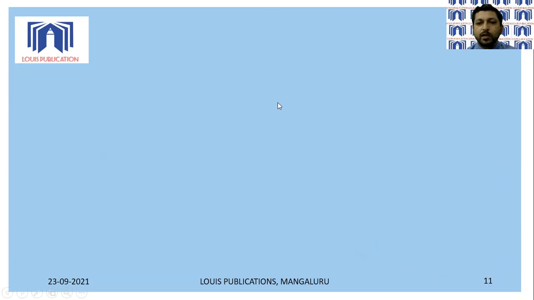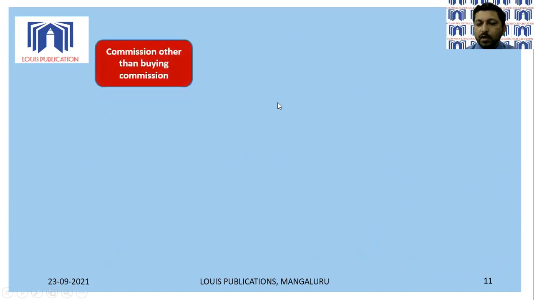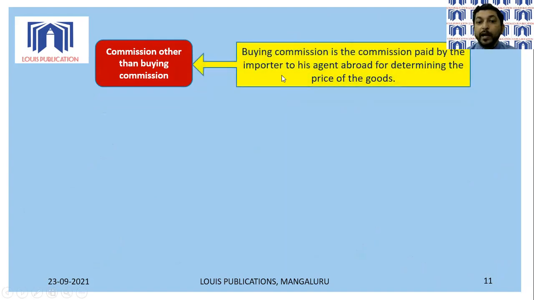Let's look at commission other than buying commission. Now, what is this commission other than buying commission? What is this buying commission? We need to understand. Buying commission is the commission paid by the importer to his agent abroad, based in a foreign country, for determining the price of the goods. So if the importer is paying buying commission, that buying commission amount will not form a part of assessable value.